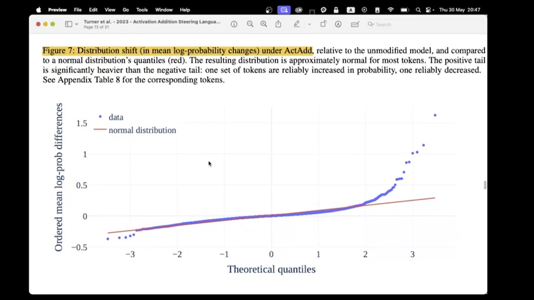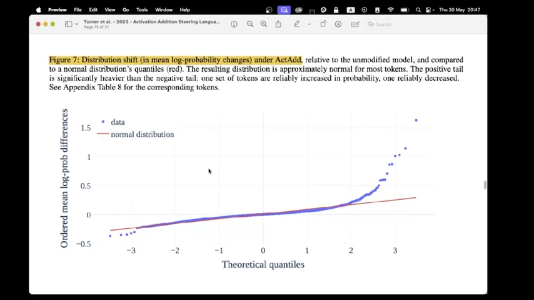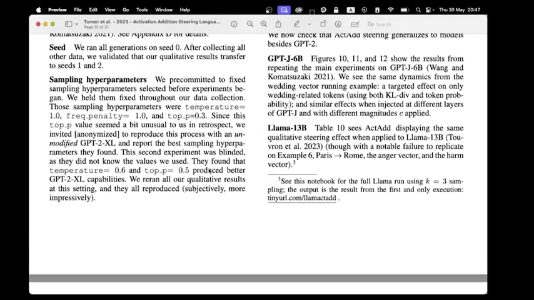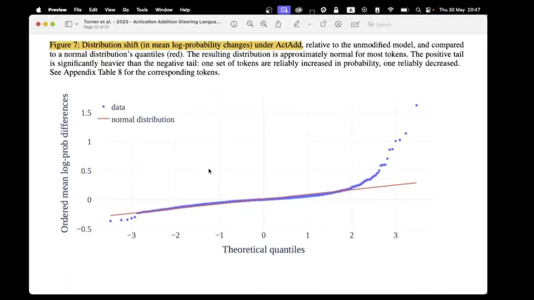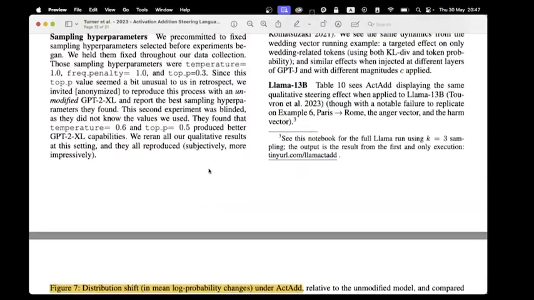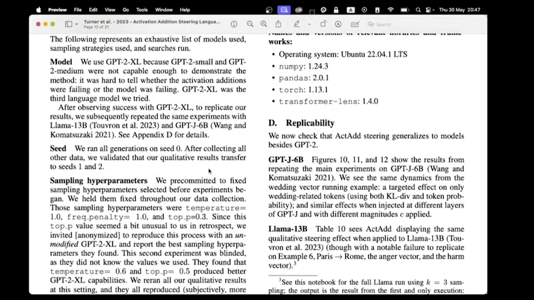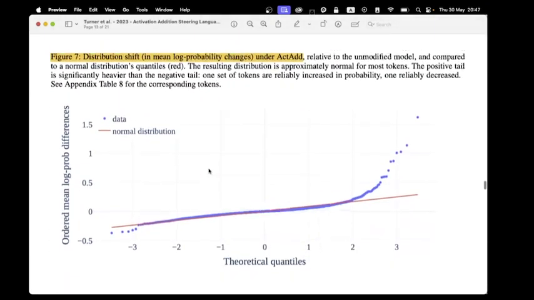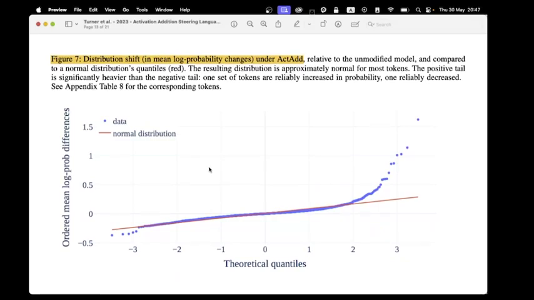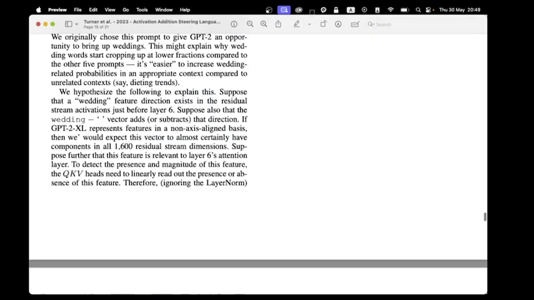What this plot does is we again take, I'm not sure which patch that is. Yeah, but maybe look at table 8.